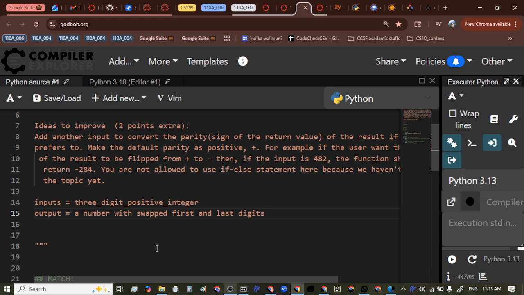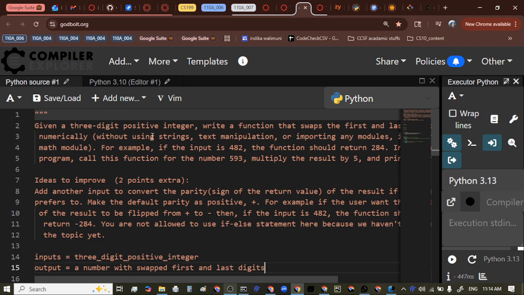It's usually in interview type questions in programming that they do that. So what is that in here? The restriction? You cannot use strings or text manipulation or even math modules.